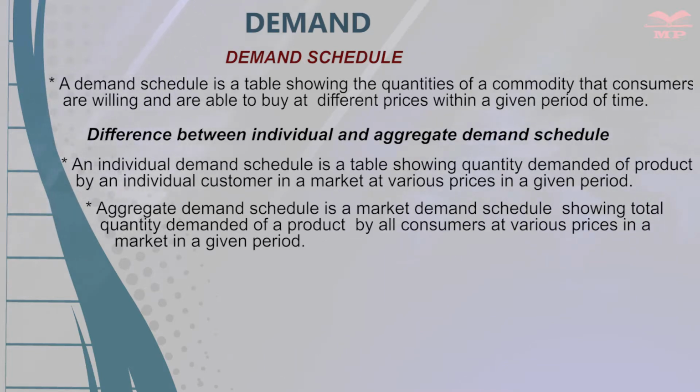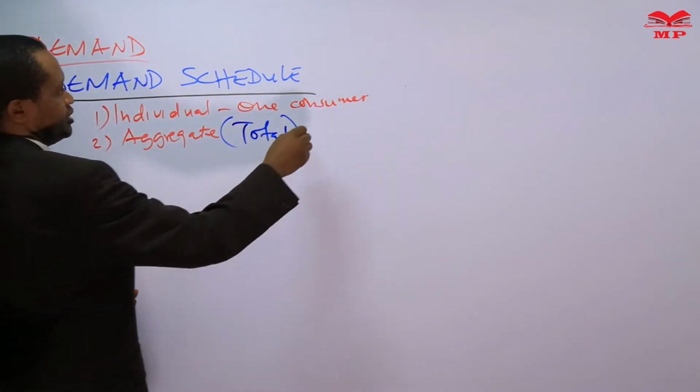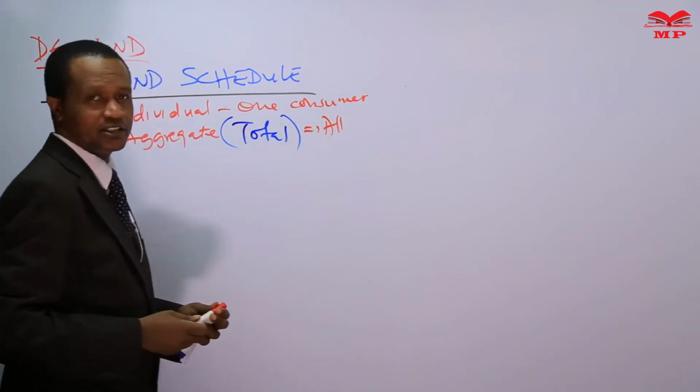And the market demand schedule, or the aggregate demand schedule, shows the total quantity demanded of a product by all consumers at various prices in a market in a given period. So here we are talking of one consumer, and under aggregate we are talking about all consumers in a market.